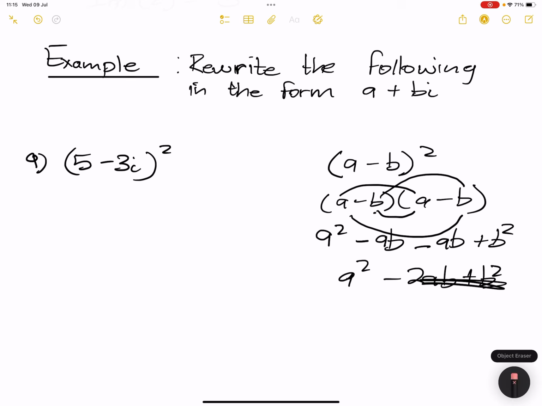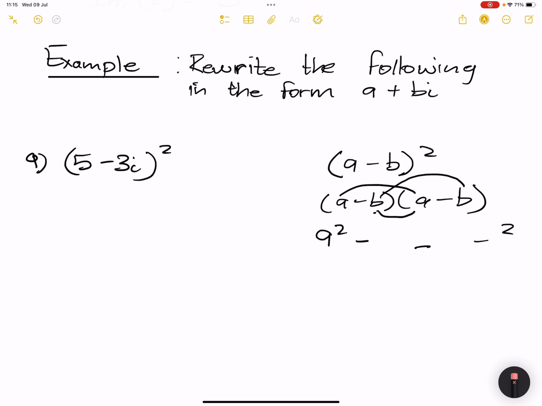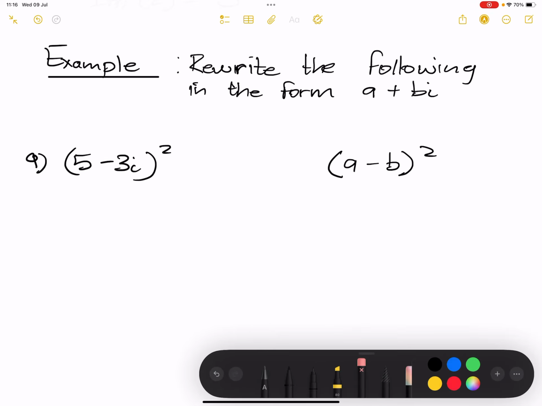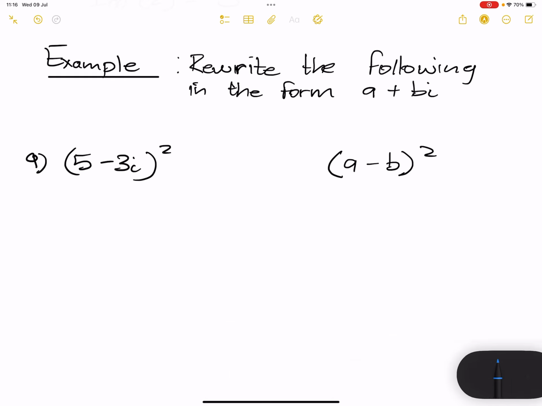Now, I want to quickly show you a quick method that I sometimes use when we are dealing with these. When you're squaring an entire bracket, I take first the square of the first term, so a times a, that's a squared.